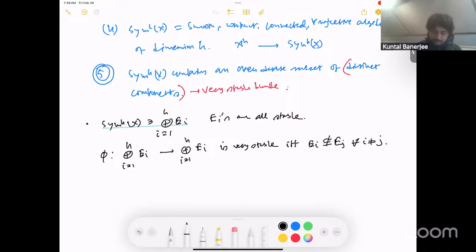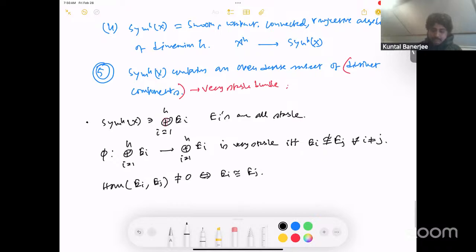And also another important point is that there is a non-zero global homomorphism between E_i and E_j when they are stable of same degree, same rank. This is non-zero if and only if E_i is isomorphic to E_j. Okay.